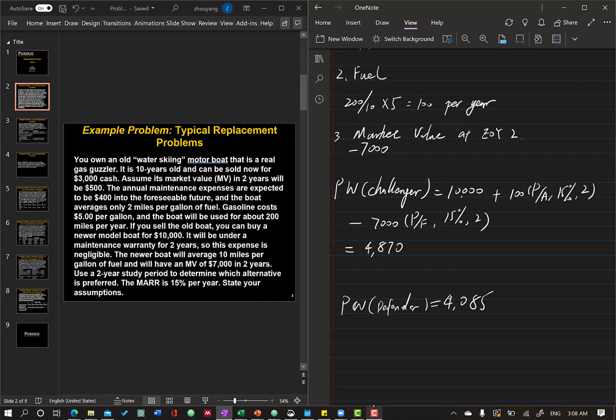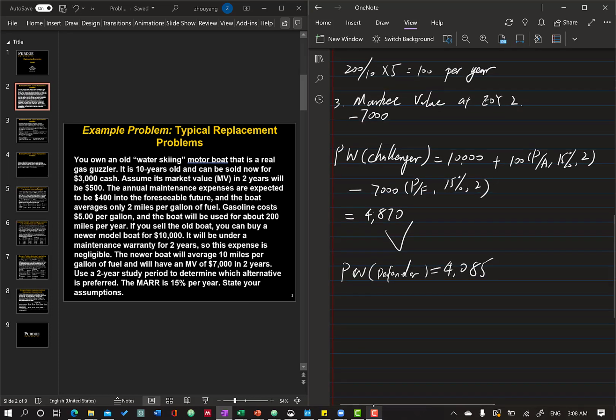Obviously, that's smaller than getting the Challenger, which is getting a new boat. So we conclude here that we will keep the Defender. Then we are done.